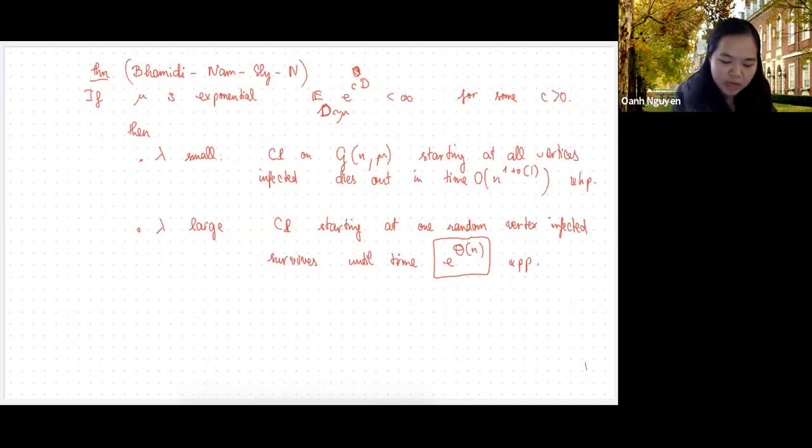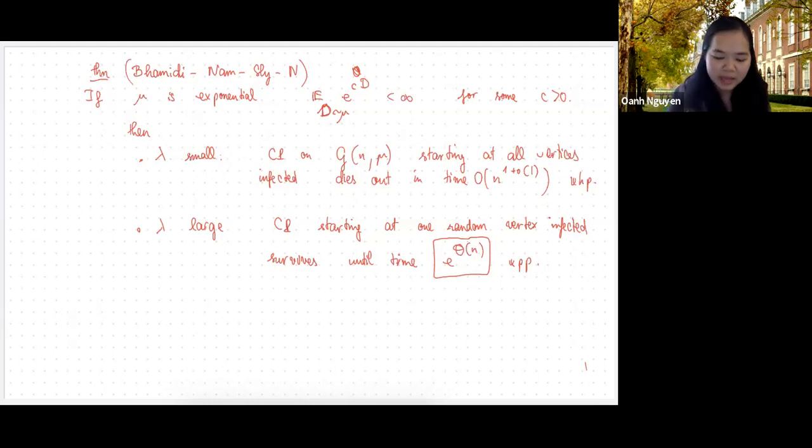So if G is a deterministic graph with big O of n edges, then the contact process survives. The best it can do is survive until time e to the big O of n at most.